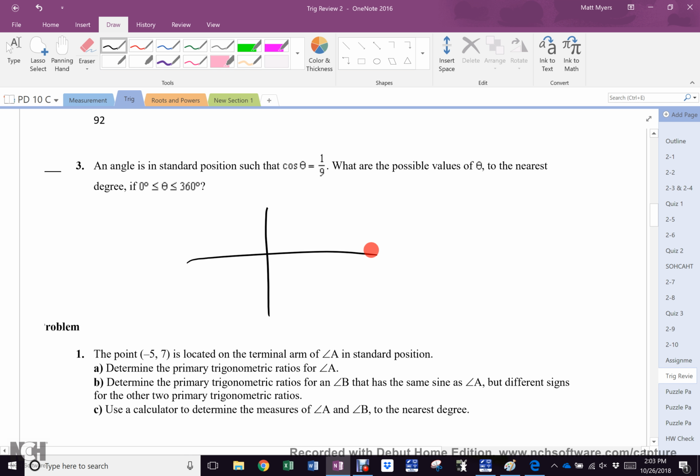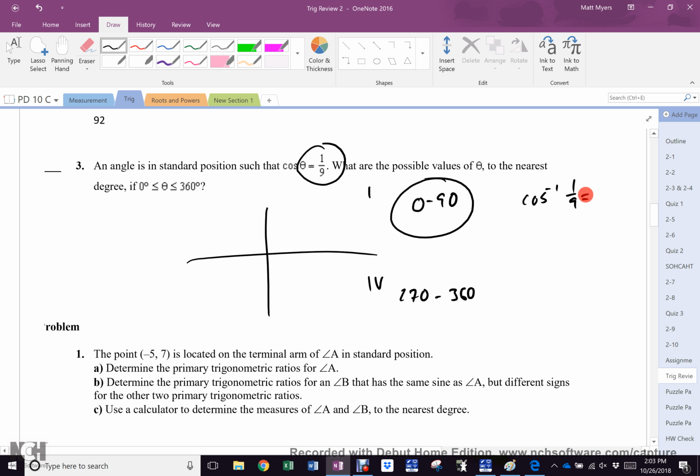Is cosine positive or negative in the question? Positive, which means it must be in which quadrants? 1 or 4, which means it must be between 0 and 90 or 270 and 360, right? How do you find those angles when you know that? Shift cos of 1/9 equals what? 84.